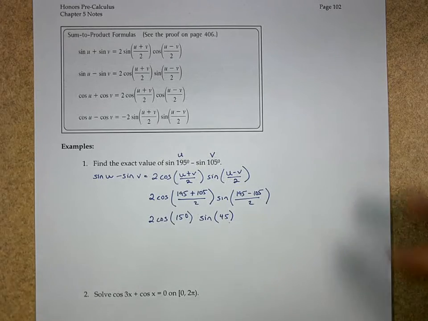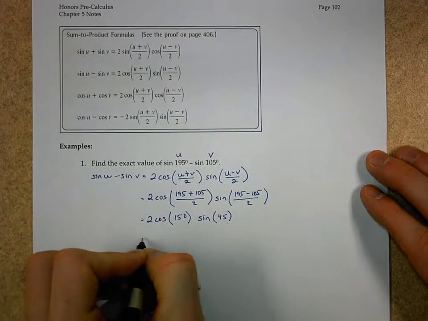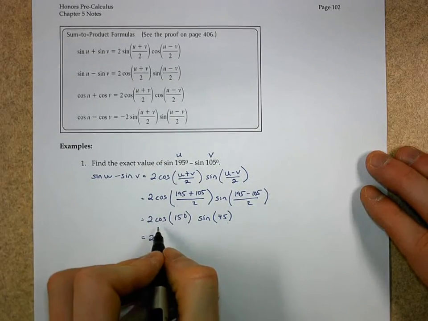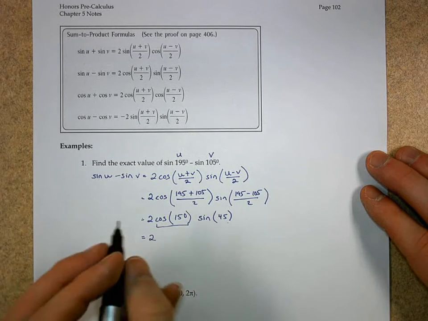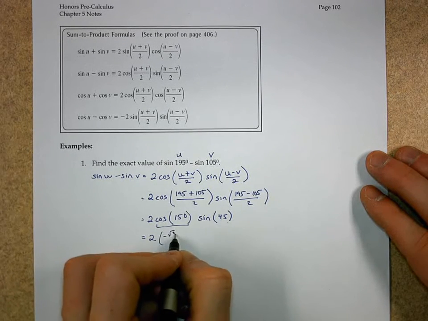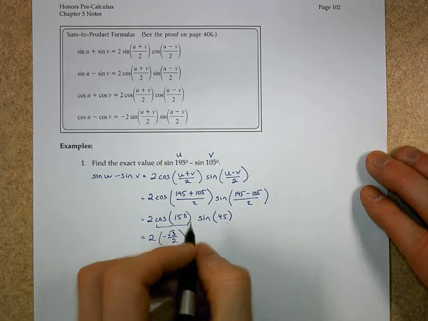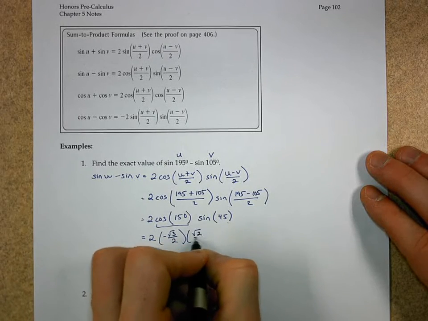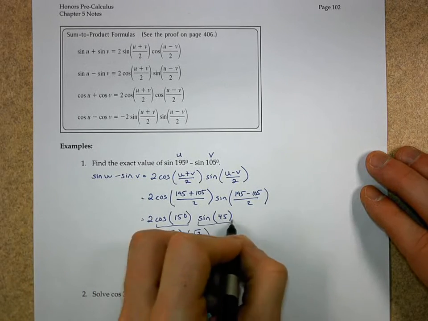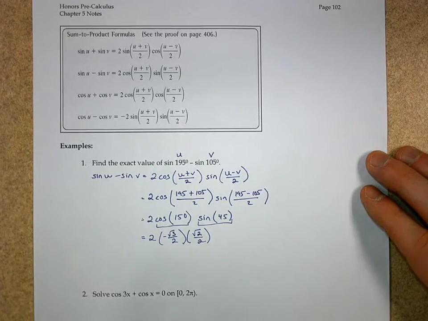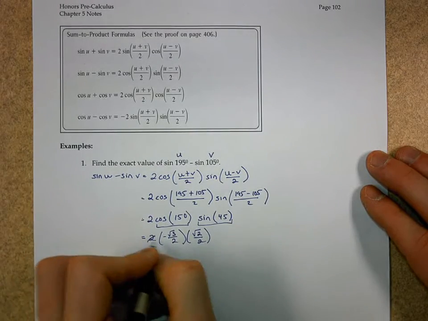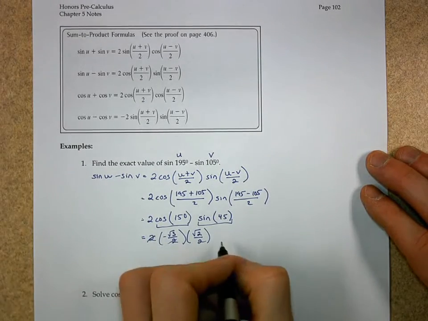Those values are both on the unit circle. So the cosine of 150 is negative square root of 3 over 2. And then sine of 45 is square root of 2 over 2. And we'll multiply all those pieces together. Those 2's cancel.